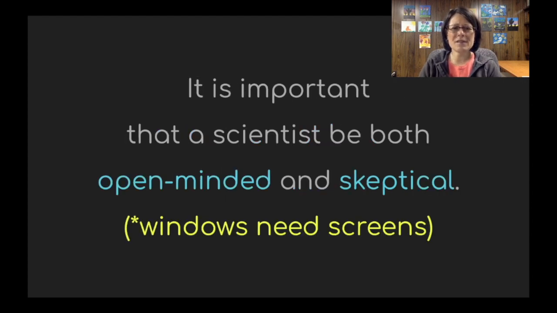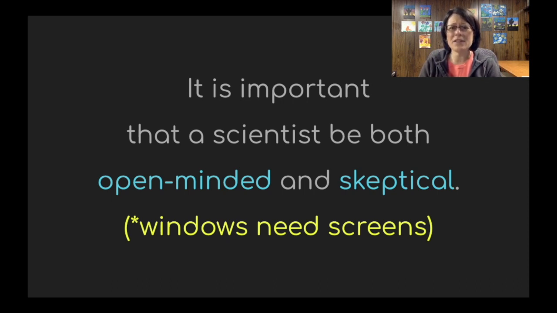It is important that a scientist be both open-minded and skeptical. Windows need screens. A scientist should look at the results of their experiment, and if it contradicts what they think, they should definitely question their preconceptions. But they also have to be skeptical about it. This is where the windows need screens. Windows are open. They let everything in. But we put filters on the windows, and we need filters up.